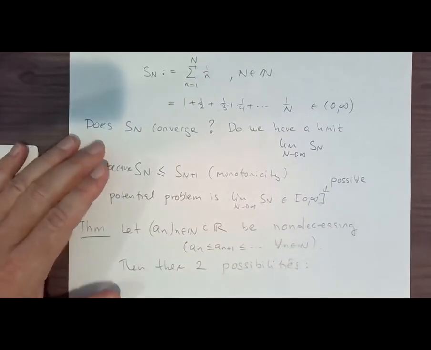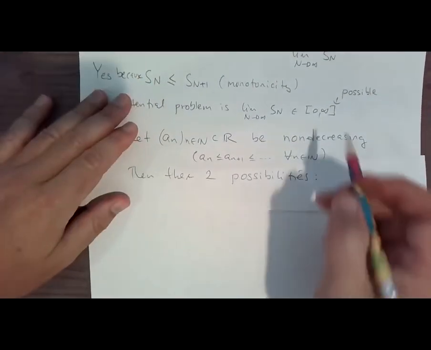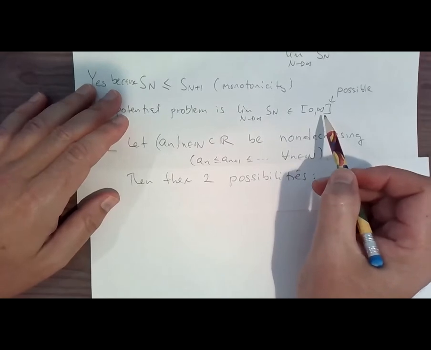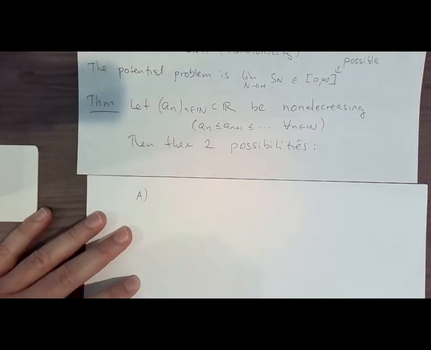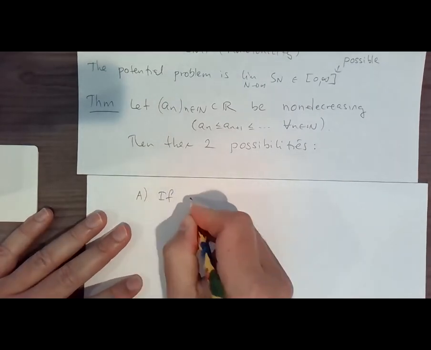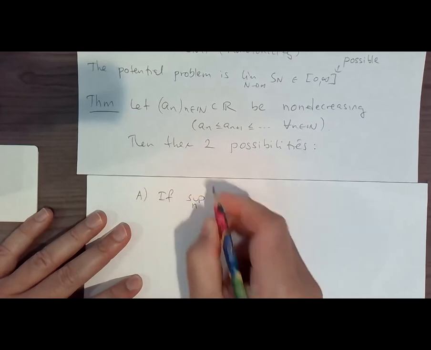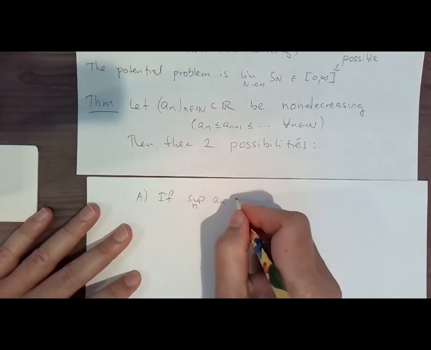The first possibility is that you converge to something finite. Okay, so when does that happen? The first possibility is that the supremum over these an is finite.